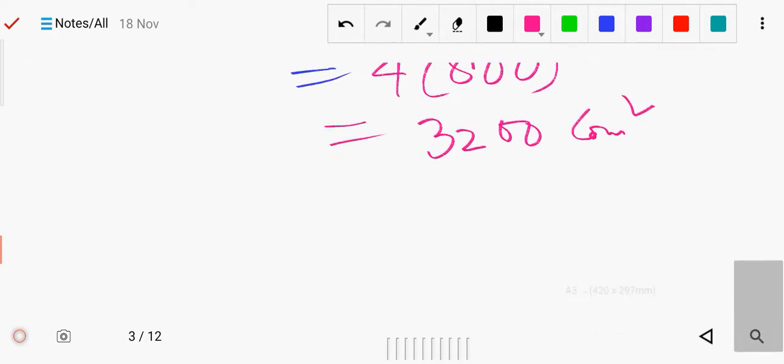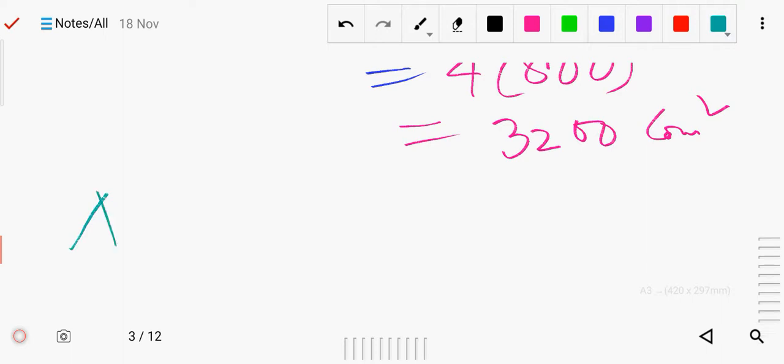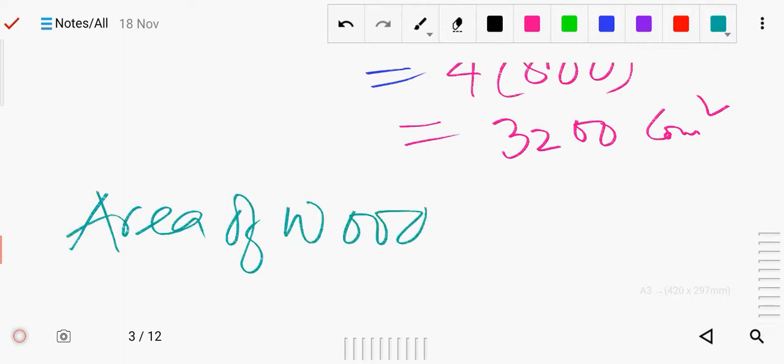Okay, now this is the area of 4 glasses. Now I have to find the area of the wood in that frame. So now find the area of wood. Simple, what is the area of wood? So now you can do the subtraction.